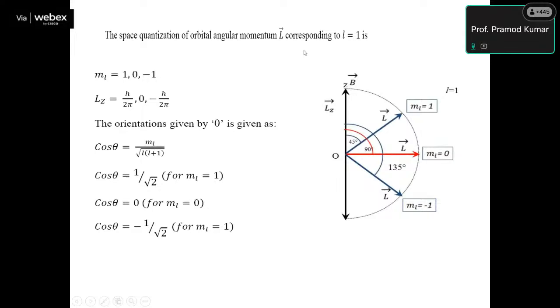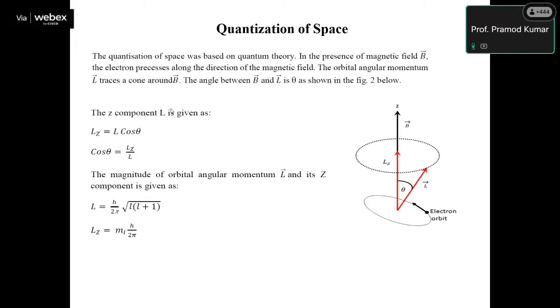Now just try to take one example here. If l equal to 1, then definitely we can say ml equal to 1, 0, minus 1. And Lz equal to ml h upon 2 pi.